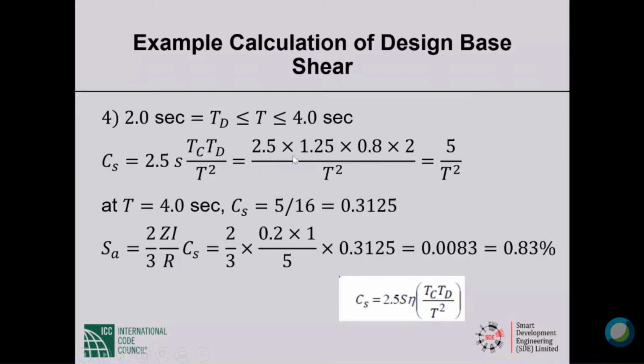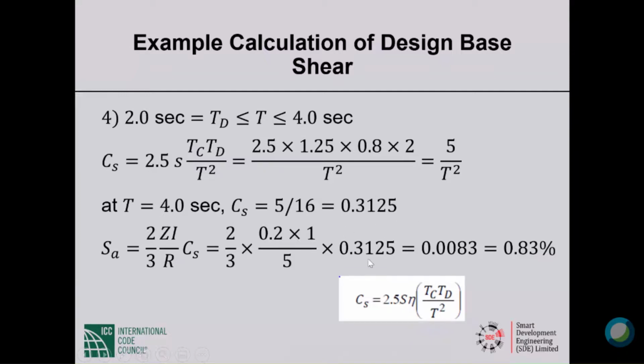this is the equation. Our eta is 1, so this is our equation: 2.5 times soil factor of 1.25, T sub C of 0.8, T sub D of 2 divided by T squared. That gives us 5 divided by T squared. So at T of 4 seconds, C sub S becomes 0.3125.